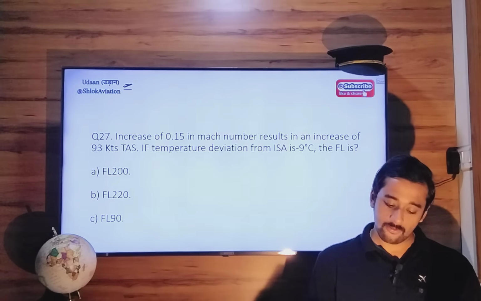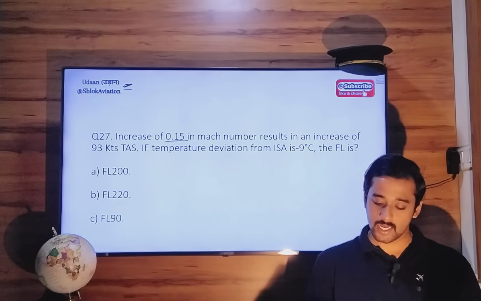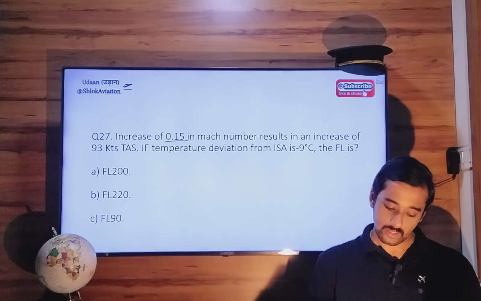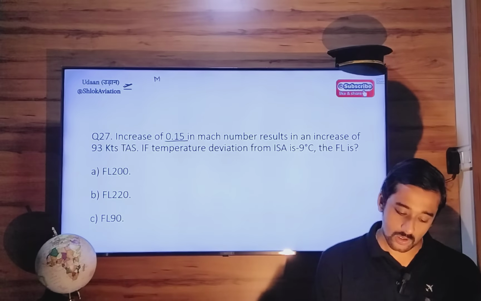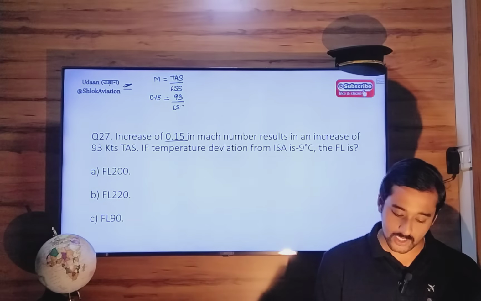Increase of 0.15 in Mach number results in an increase of 93 knots TAS. Temperature deviation is minus 9 degrees Celsius. What is the altitude flight level aircraft is flying at? Mach number equals TAS divided by local speed of sound. Now Mach number of 0.15 is equal to TAS of 93 divided by local speed of sound.